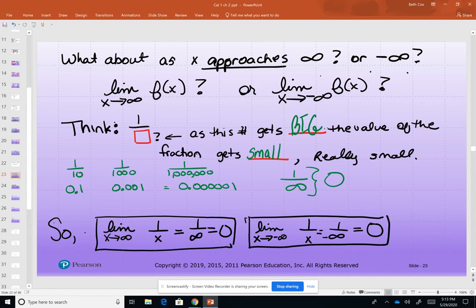And so the limit as x goes to infinity of 1 over x is always going to be 0. Negative infinity is also going to be 0. So this is one of the big ideas of limits to infinity.